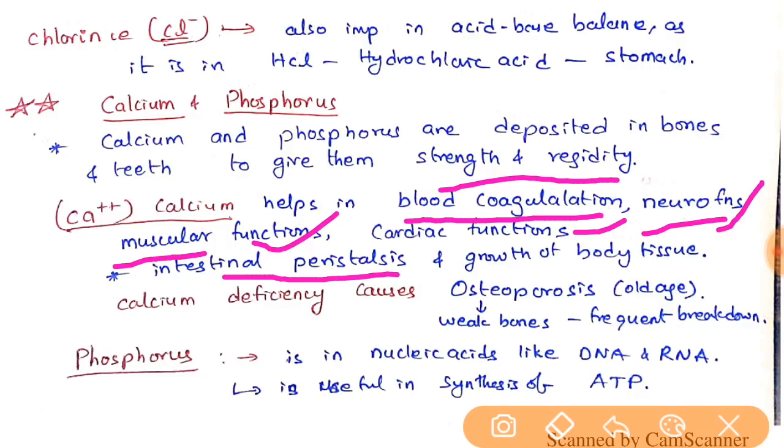I have said that the procedure in which the food is swallowed and gets into the stomach, in the esophagus, is by peristaltic movement. The same peristaltic movement is seen in the intestines, and for this peristalsis, calcium ion is very much important, and for growth of body tissue.